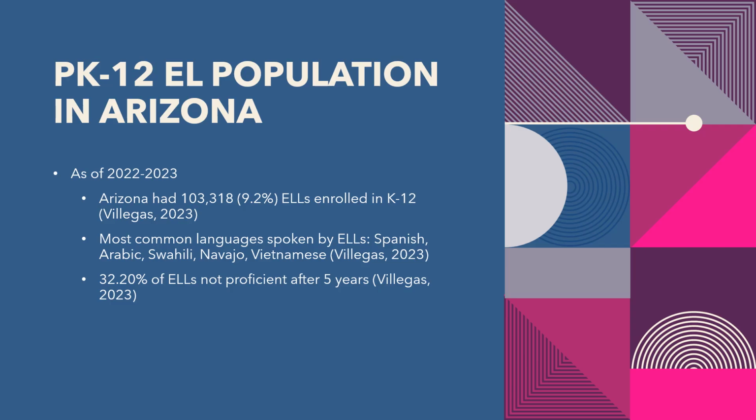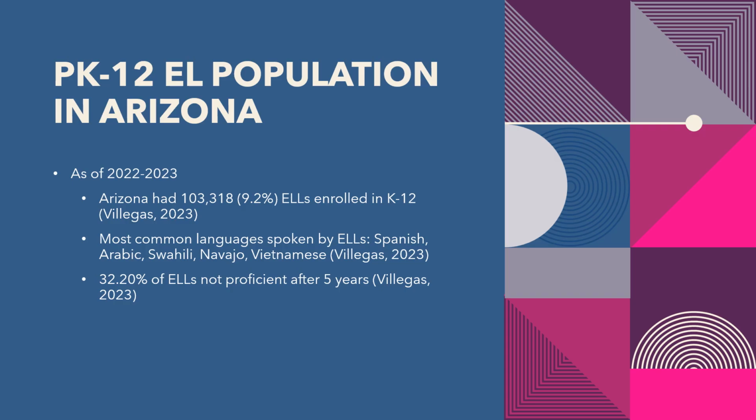In the state of Arizona, the pre-K to 12 English language population as of the year 2022 to 2023 had 103,318 students, which would account for 9.2% of the enrolled students in K through 12.